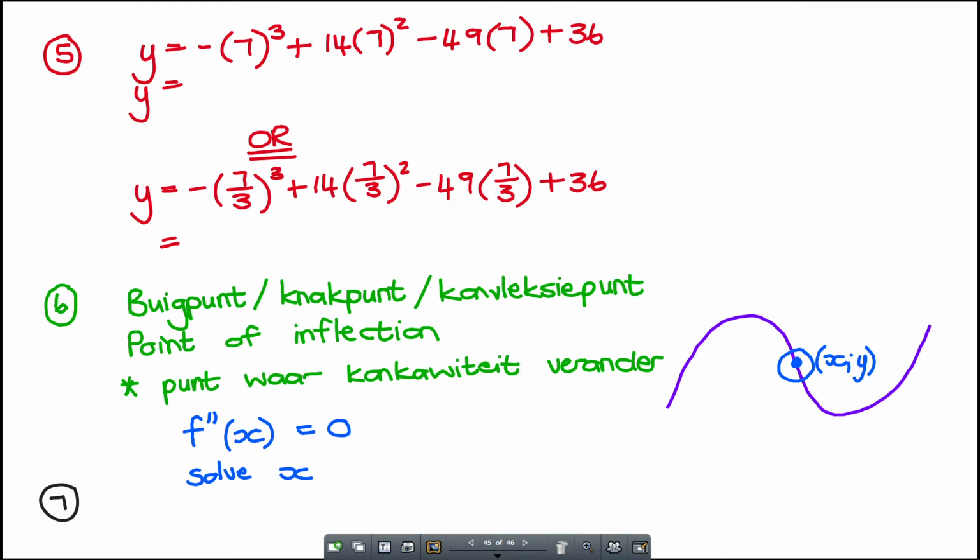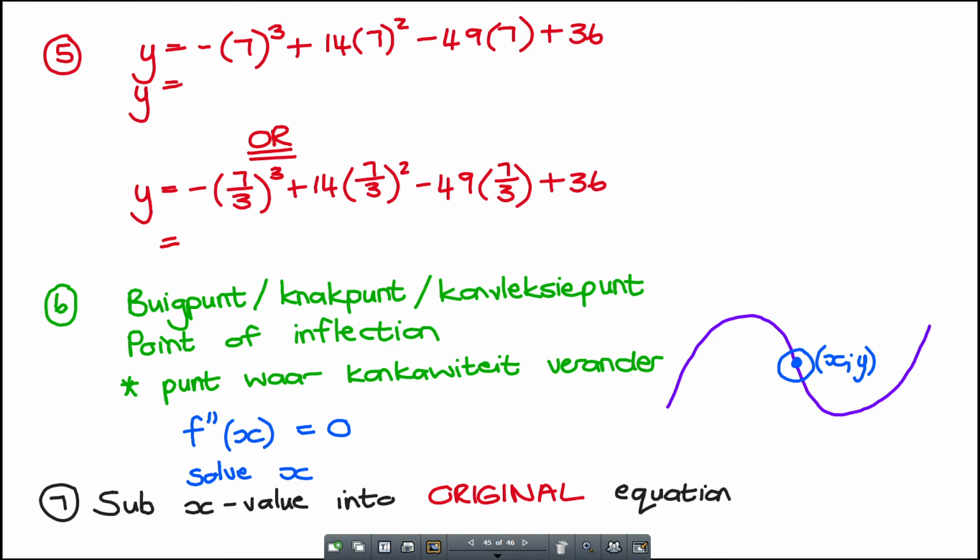We use that x and substitute it into original. Okay, so step 7 is sub x values into, and this part is important, original equation.